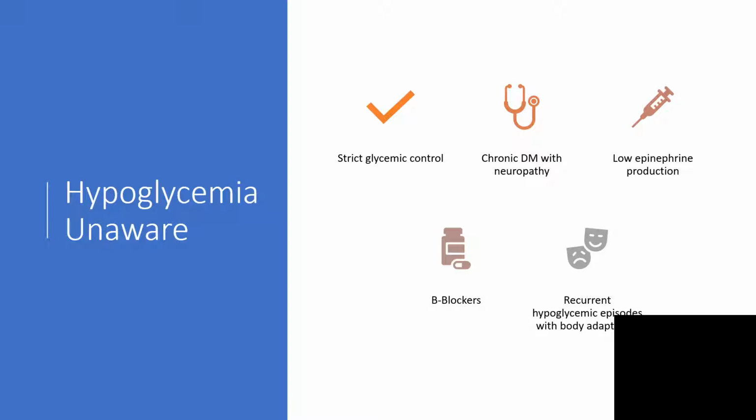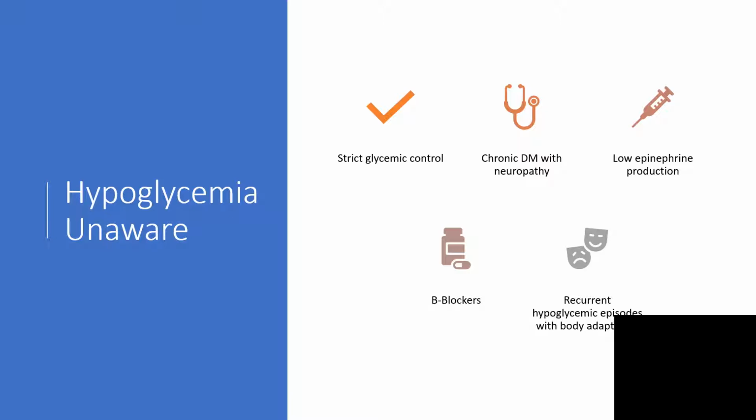Hypoglycemia unaware. It's not all the time that everybody will be able to know that the glucose level has dropped. Okay? Now, this is dangerous because when patients cannot tell that they perceive the adrenergic symptoms or neuroglycopenic symptoms and the glucose level is dropping, that is dangerous.